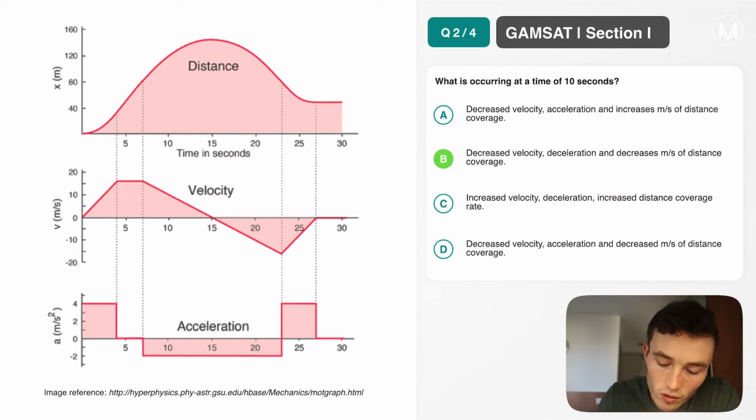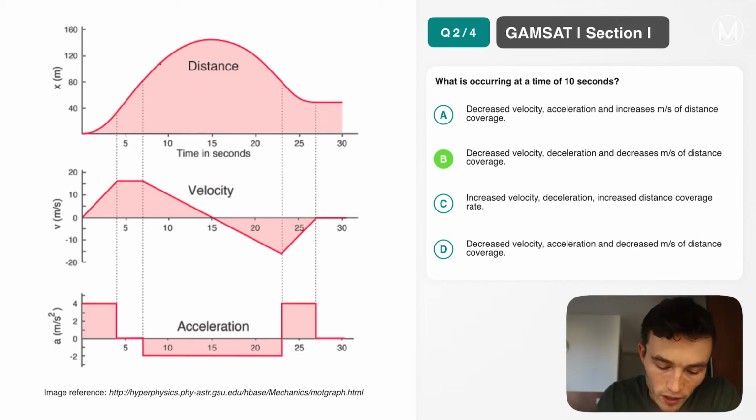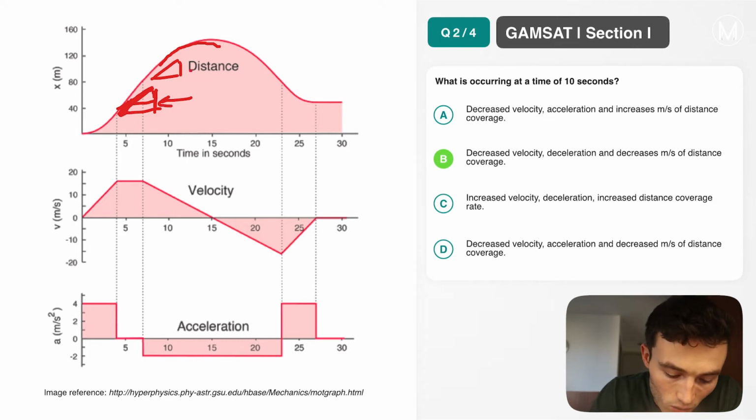And also, if we were to look at the third thing, it says decreases meters per second of distance coverage. And that's also true, because at 10 seconds, you can see that the parabolic curve is beginning to taper off. Remember, if you draw little mini triangles here at a given speed, in this area of the graph we've got a steeper curve, so a larger change in distance compared to here, where it's not as large.